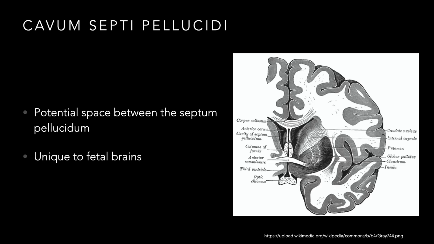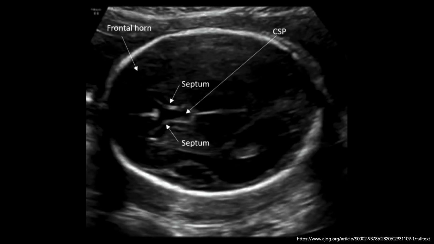It forms this small fluid-filled space between the two that can be seen and measured. Here's an example where you can see the septi on either side in that cavum septi pellucidum. So like the cave between the septi, is how I remember it, that small fluid-filled structure just anterior to the thalamus.